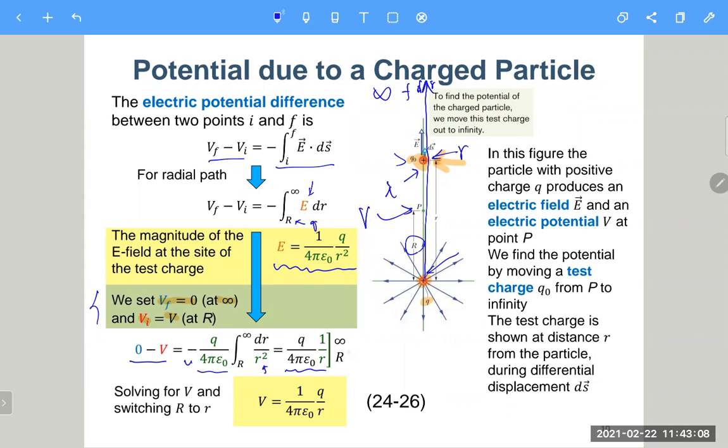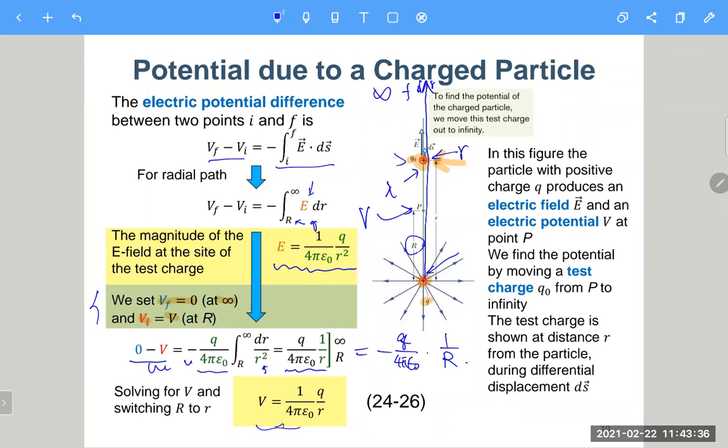Finally, substituting infinity into this expression gives 0. Then it becomes minus Q over 4 pi epsilon naught times 1 over capital R. And here we also have a minus sign, so these two minus signs cancel.